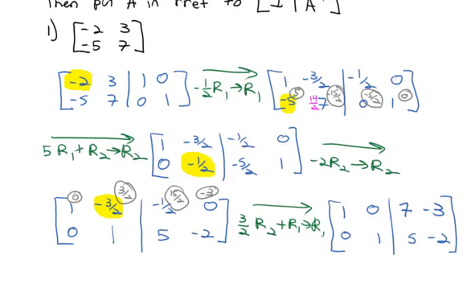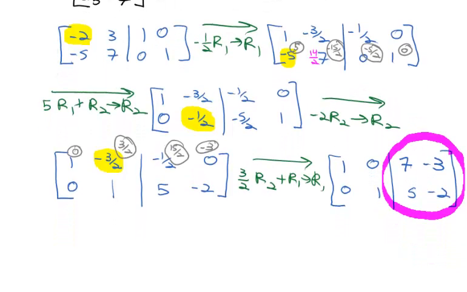So now that we're in reduced row echelon form on the left, we have the identity on the left, the inverse is this right side. So the inverse then is the matrix 7, negative 3, 5, negative 2.